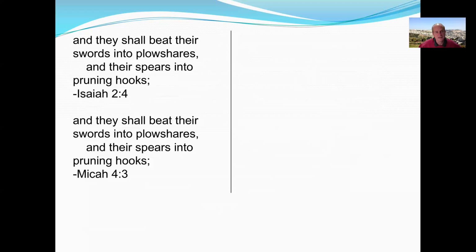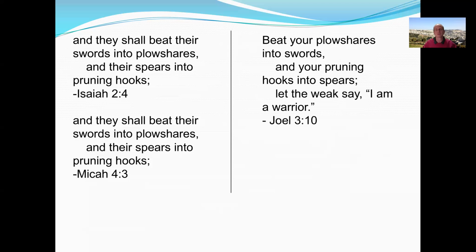An example is in Isaiah 2:4 and Micah 4:3, where they both say, "And they shall beat their swords into plowshares and their spears into pruning hooks." Both Isaiah 2:4 and Micah 4:3 say that. They were both written around about 700 BC.